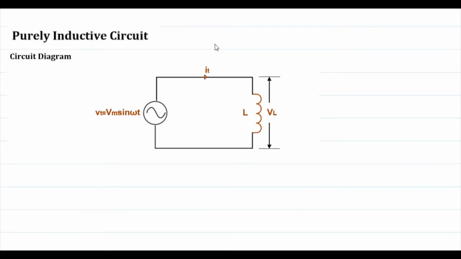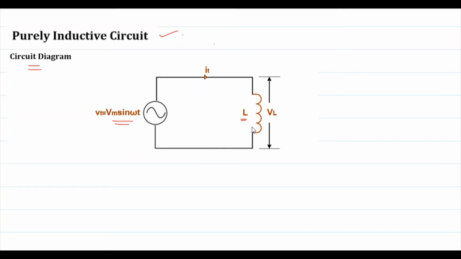Similarly, if you look at the purely inductive circuit, we can see in this circuit diagram that we have given the input voltage as an AC source, that is v(t) equal to Vm sin omega t, as in the case of the purely resistive circuit. Here, in place of the resistance, we have used an inductor, where L represents the inductor. So this is an inductive coil.